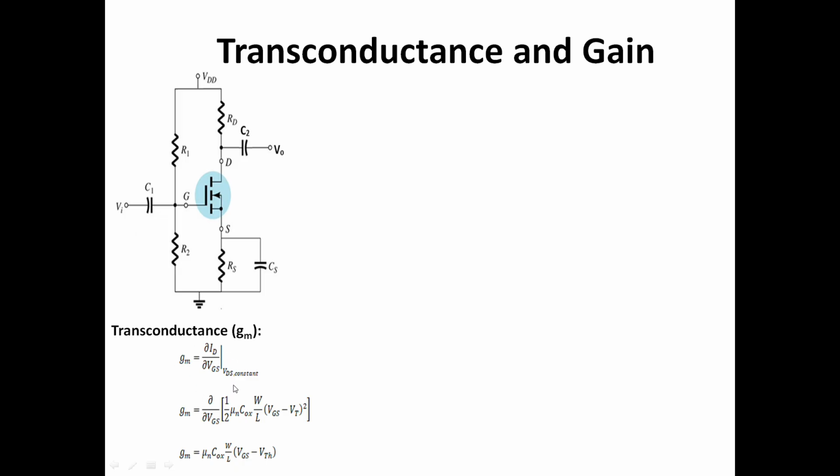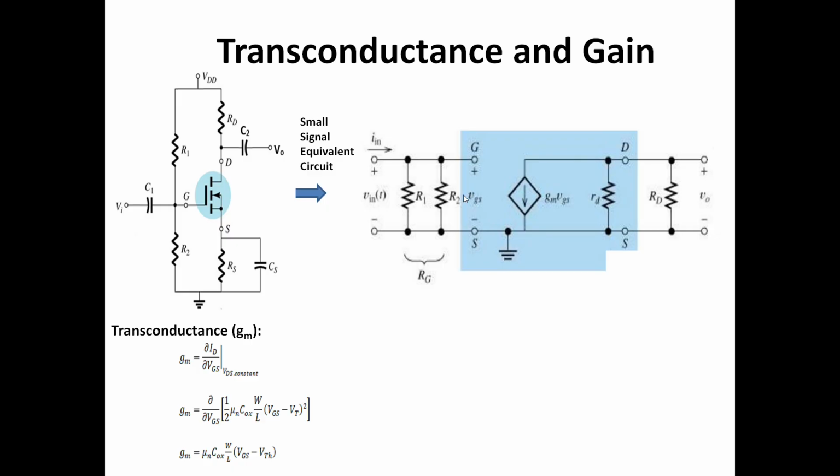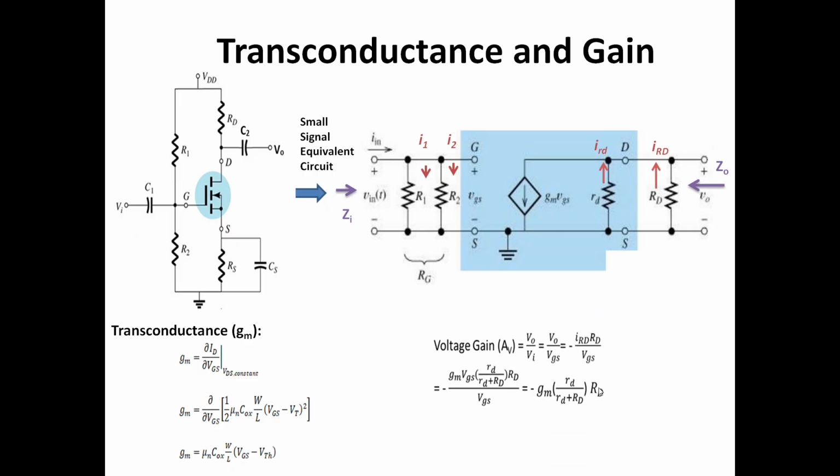If we take the derivative, we can see that the transconductance gm equals mu Cox W by L into (VGS minus VT), where VT is the threshold voltage. Now this is the small signal equivalent circuit of this circuit. Now let's find out the gain of this circuit.